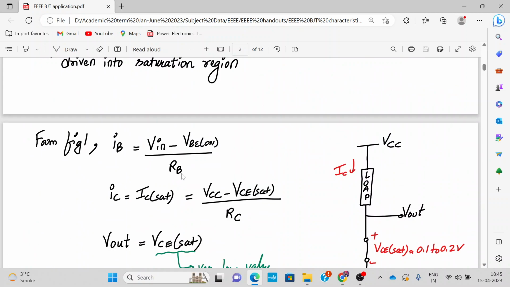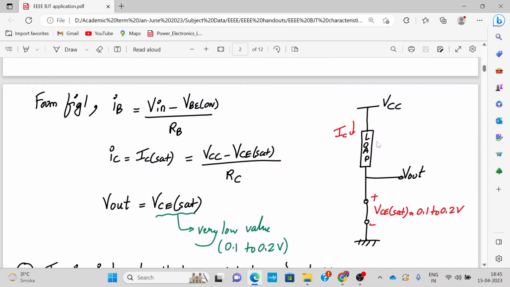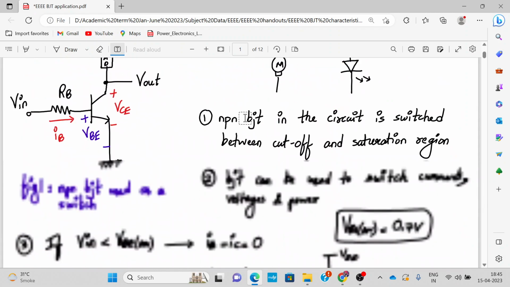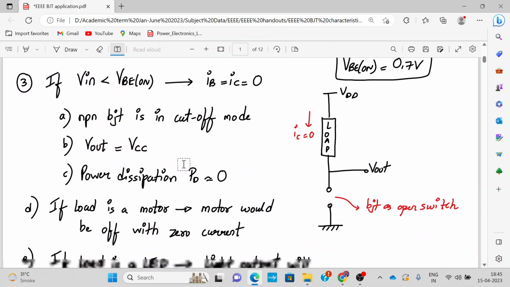Let's consider this load as RC, a resistive load. So an LED load will also have some resistor, or a motor will also have some resistive value. So IC sat is given by VCC minus VCE sat upon RC, where RC is the load value or RL value.